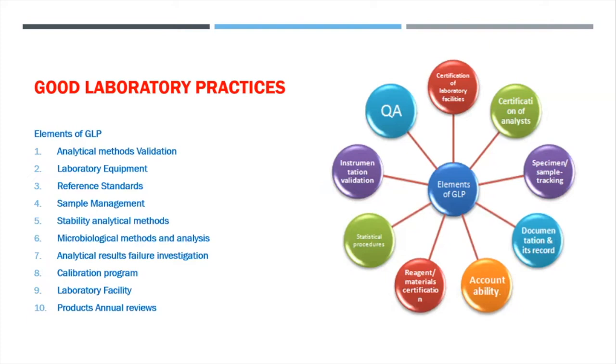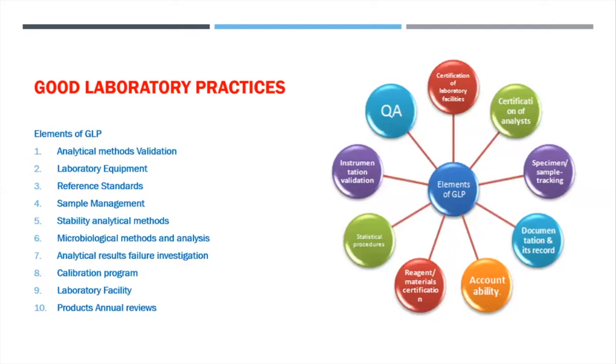So what is normally done at the end of the year, like if you have produced 10 or 15 batches of a particular product, then you review those batches, and you come out with whether there is a trend in the result. You started in the first batch in the year with 99% result, and at the end of the year, with the 15th batch, you see that the result is 96%.